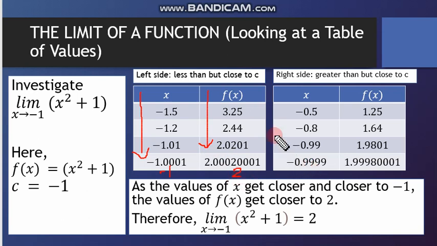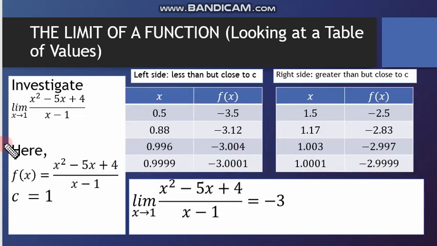In our right side table, as x approaches negative 1, the value of f of x approaches 2. Therefore, as the values of x get closer and closer to negative 1, the values of f of x get closer to 2. Thus, the limit of x squared plus 1 as x approaches negative 1 is equal to 2.